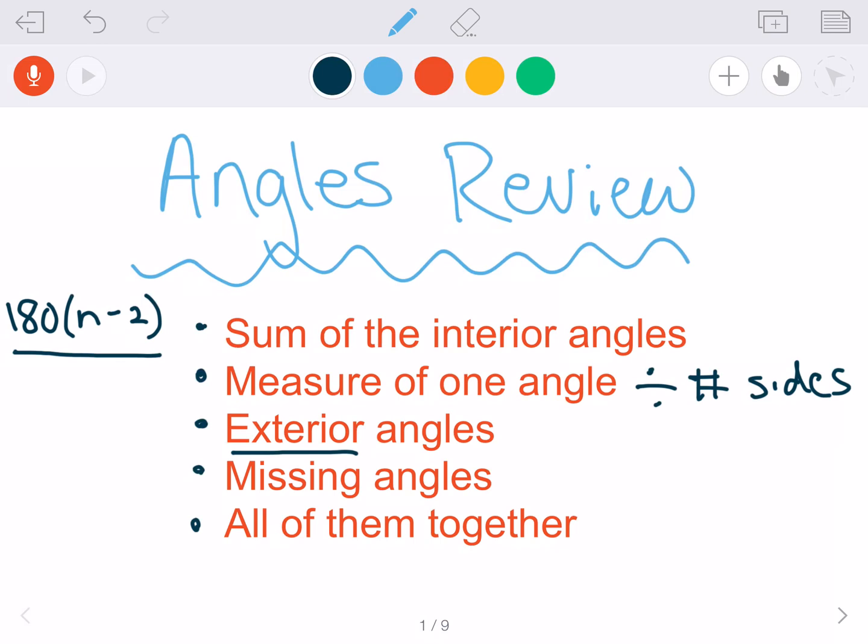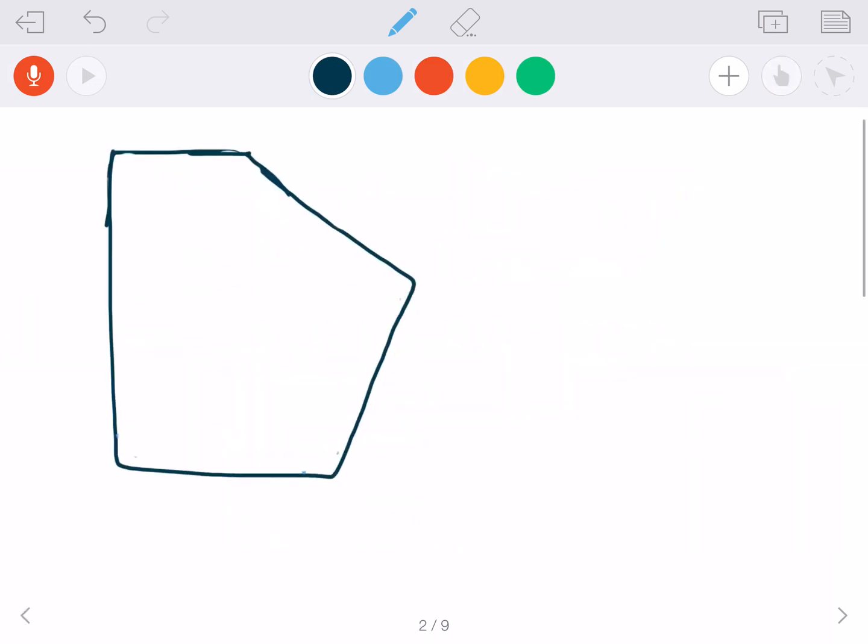We didn't talk too much about that, so we're going to review that and just go through it. You know most of what you need to know leading into that. We're going to talk about exterior angles and how an exterior angle and an interior angle relate to each other. We're going to find missing angles, and then we're going to put everything together.